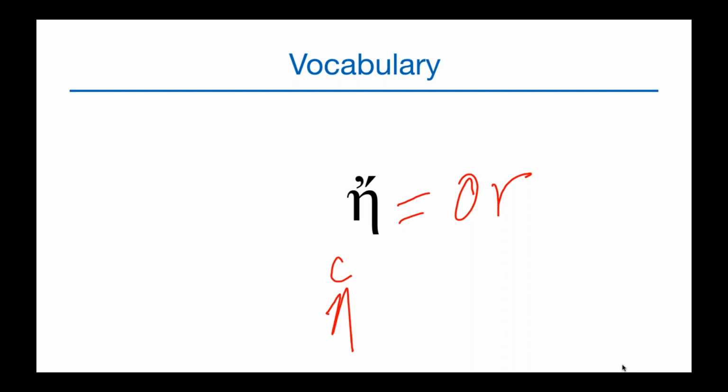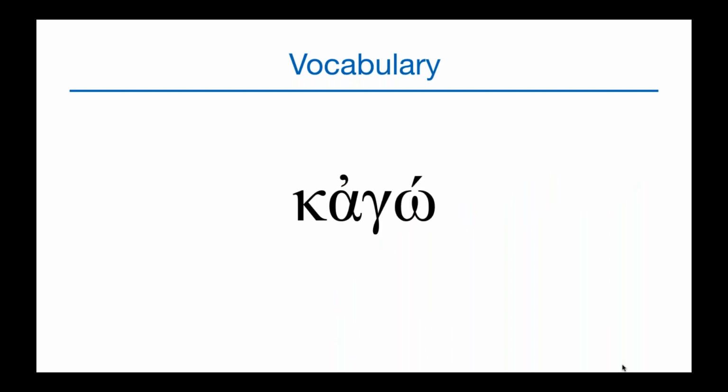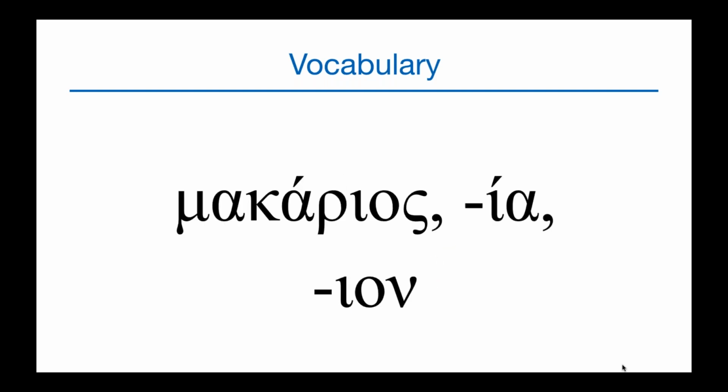Okay, so e means or, it can also mean either. If you ever are writing and you're just kind of translating top to bottom, and all of a sudden you have a he stuck somewhere that doesn't make sense, this is what you've probably done, is failed to see that this is a smooth breathing. Kago, as we talked about, is and I. Makarios.